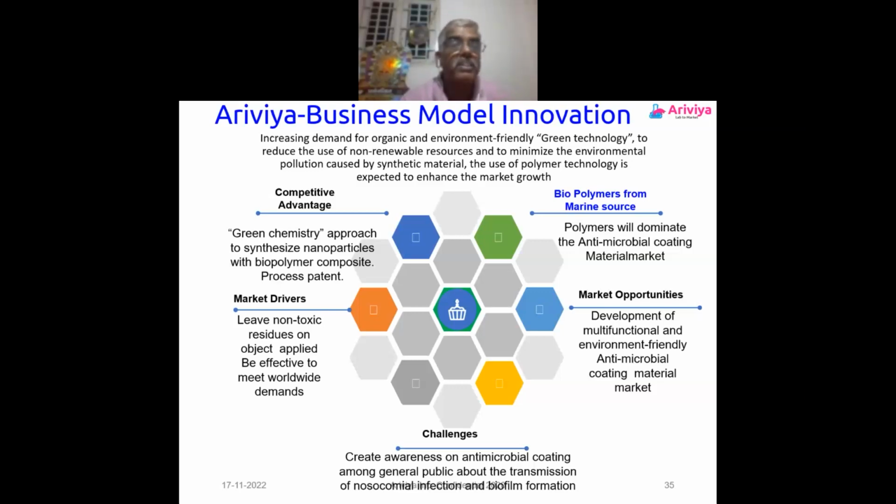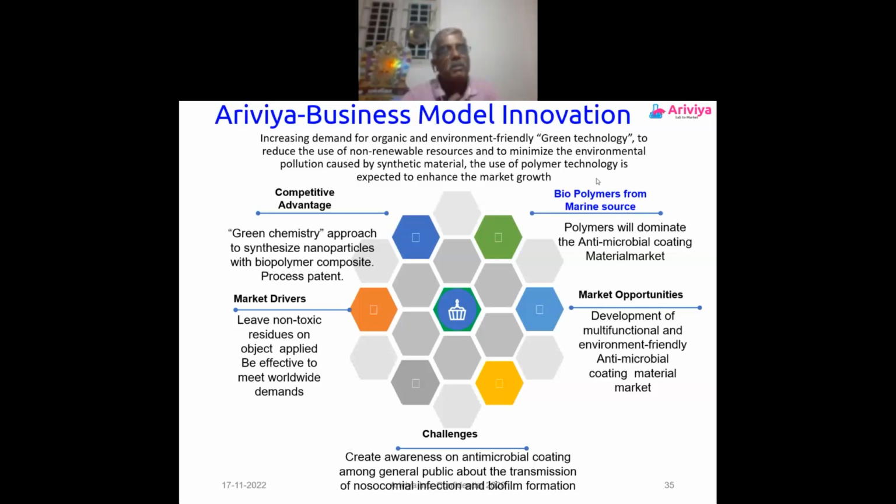So that is the way, and we have very smart, innovative material right now. So we are claiming that it is green. We are adopting green chemistry and green technology. Then our source is marine source, particularly marine.